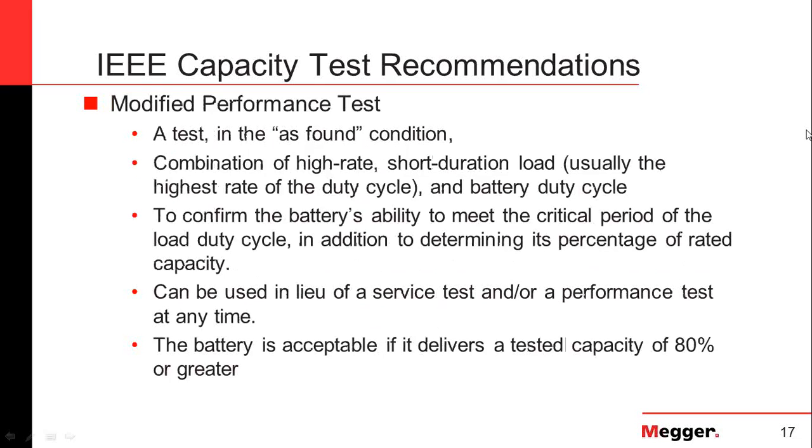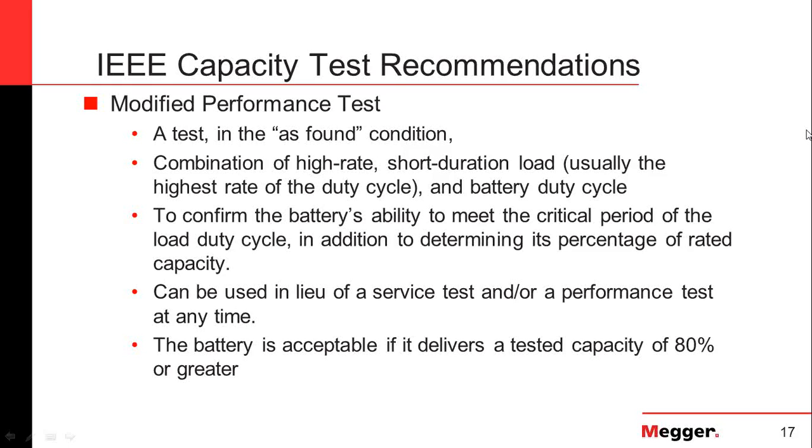The modified performance test is also a test in the as-found condition. Now, it has a twofold process where you're going to do a combination of the high rate, the highest rate typically shown for what it's designed or for its duty cycle, as well as the duration, the full duration, the full capacity, or the full load that I need to support with this battery.